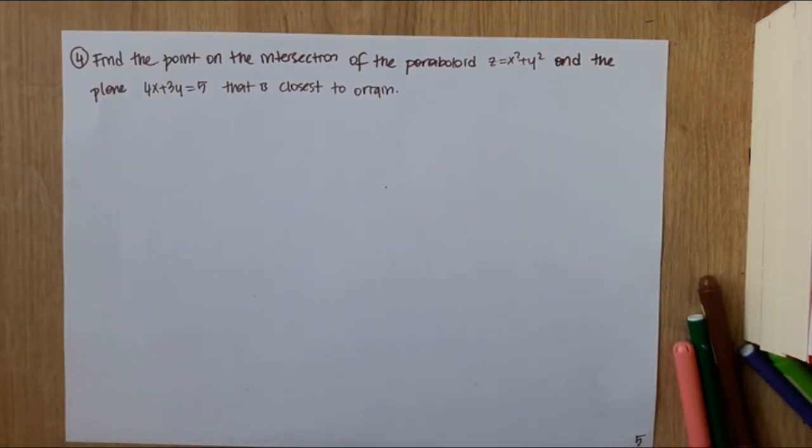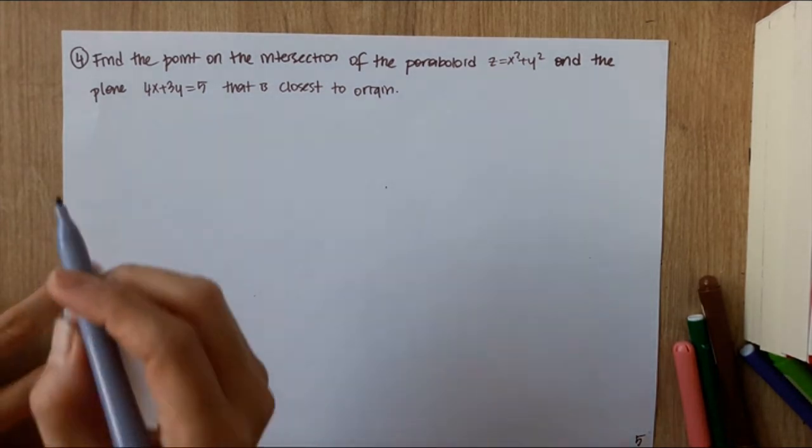Okay. Now we want to find the point on the intersection of the paraboloid z equals x squared plus y squared and the plane 4x plus 3y is 5, that is closest to the origin. Actually, we are looking for the minimum distance from a point on the intersection curve of these surfaces to the origin.